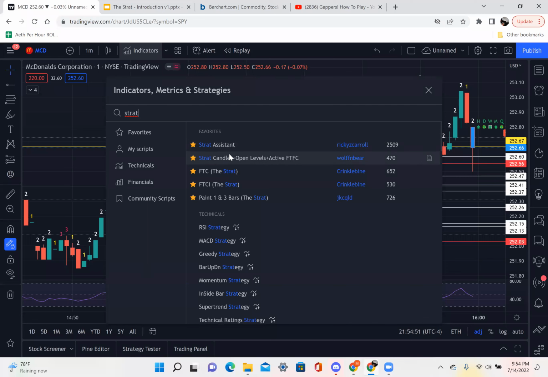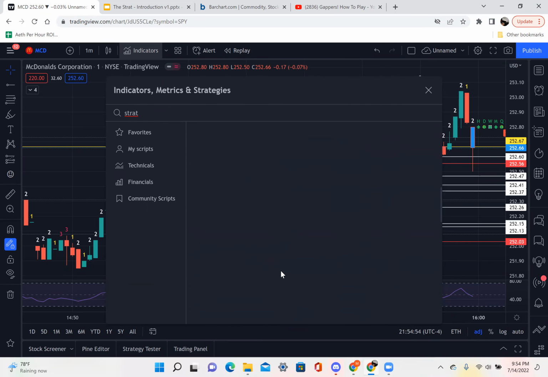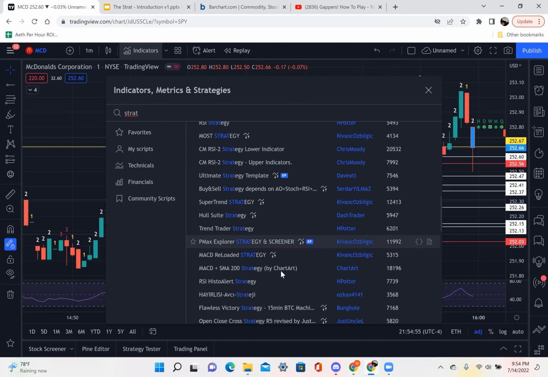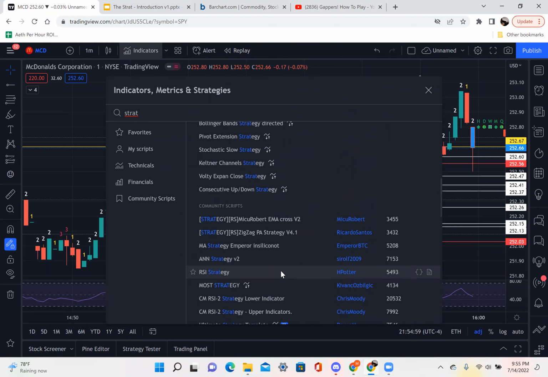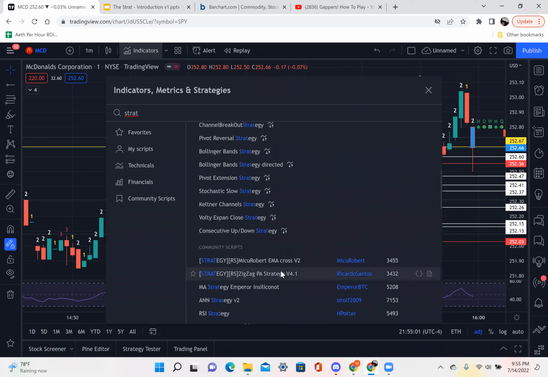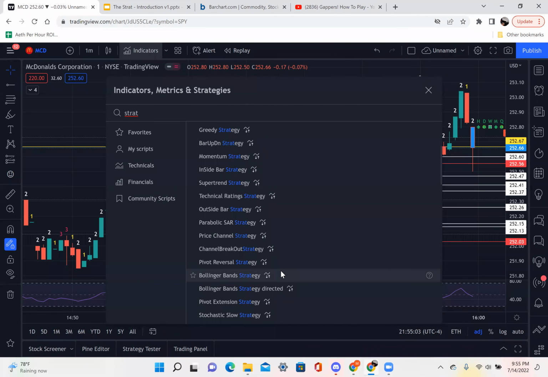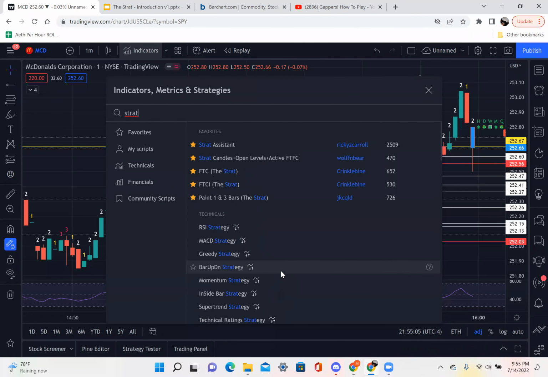I don't know why candle types is not popping up, but they also had another one on there. The one that I recommend is Strat Candle Open Levels Active FT-FC. That's the one I use. And then you'll click it and a box will pop up and you just click OK.